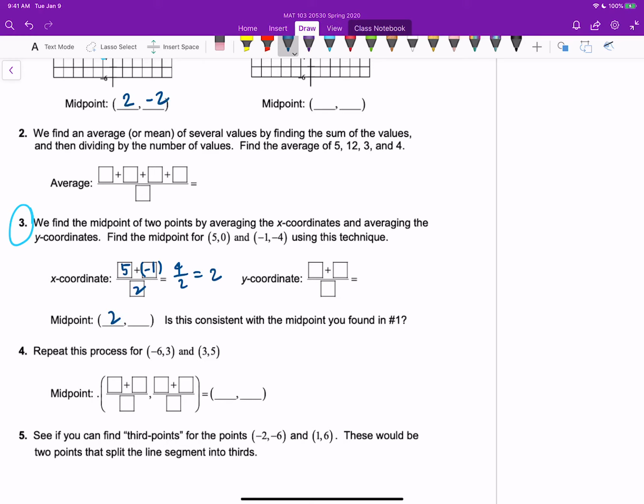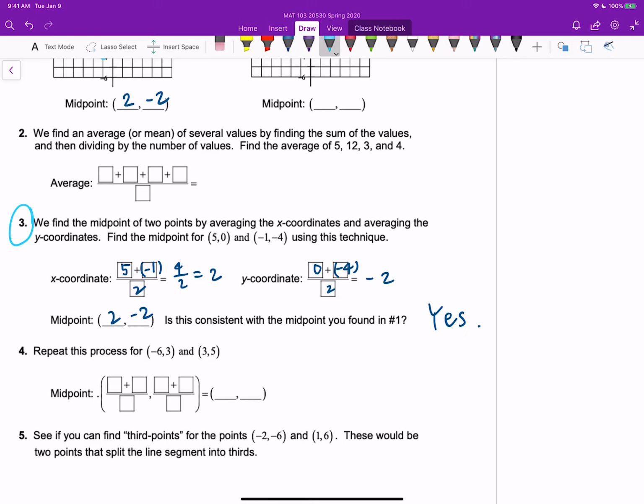Then let's calculate the y-coordinate of the midpoint. The original two y-coordinates are 0 and -4, so we add them and divide by 2. If you do that, you're going to get -2. Therefore, the y-coordinate of the midpoint is -2. Is this consistent with the midpoint you found in number 1? Absolutely yes.